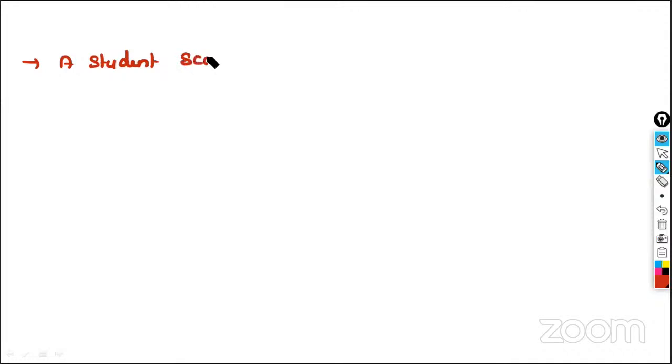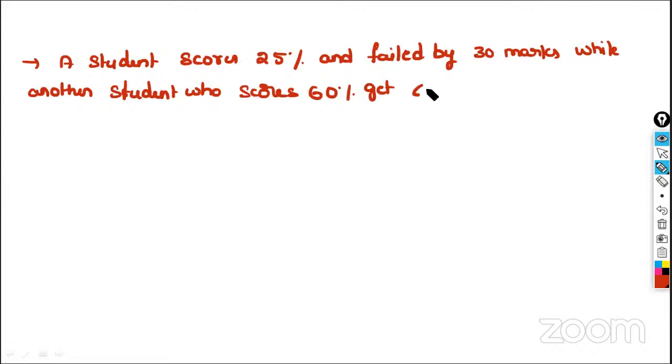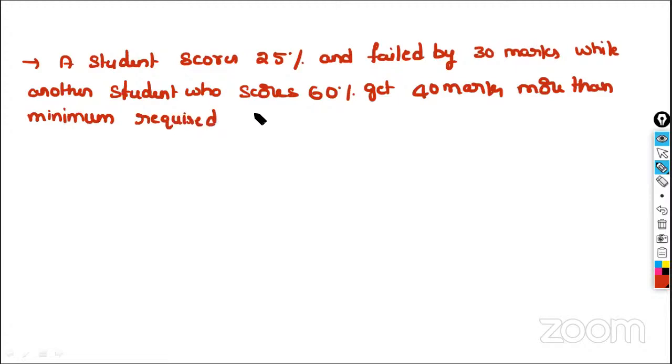A student scores 25% and failed by 30 marks, while another student who scores 60% gets 40 marks more than the minimum required marks to pass.